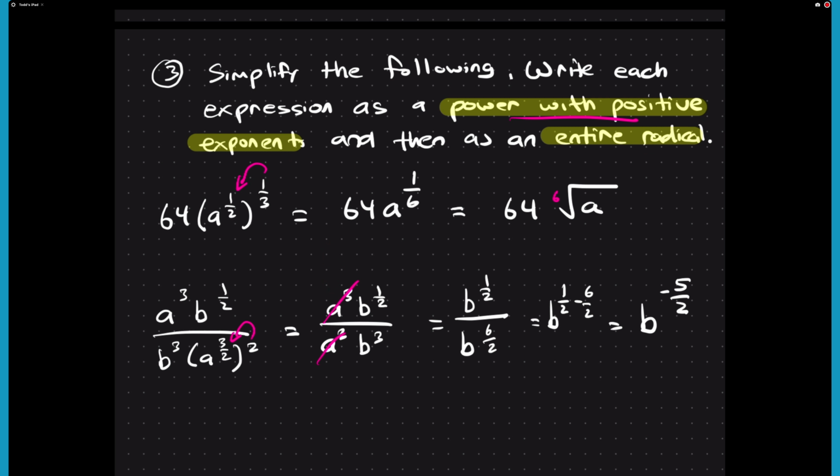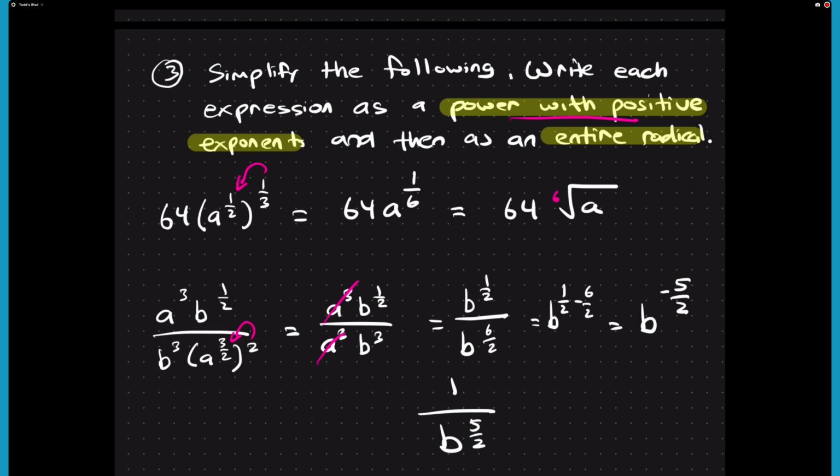Now, does that meet the requirements of the question, a power with a positive exponent? No, we have a negative exponent. So how do we deal with that? Very simply, referring back to our rules, we put a 1 over, move the b to the bottom, and change that exponent into a positive value.